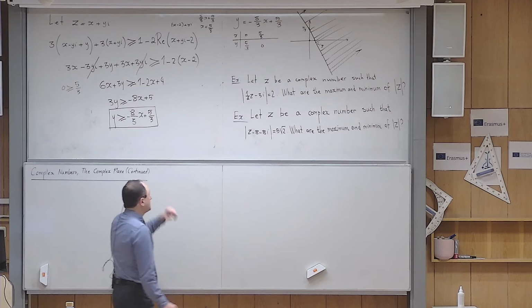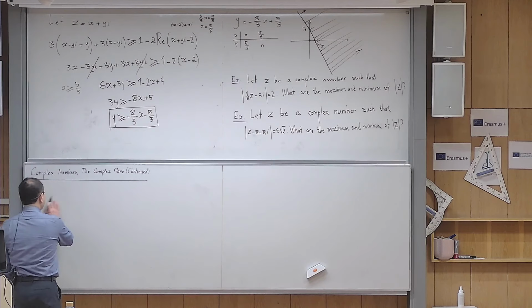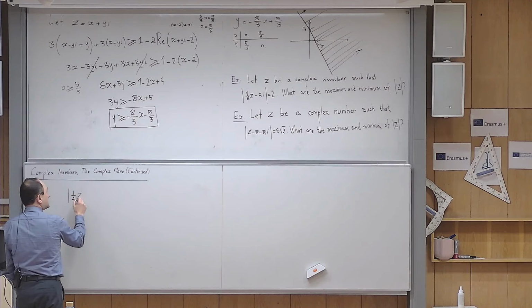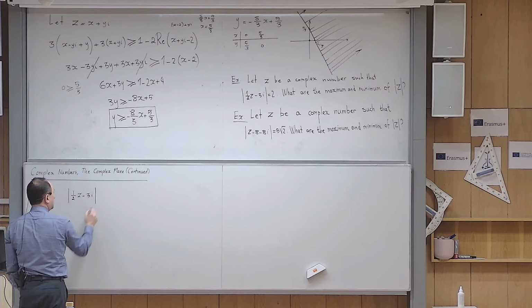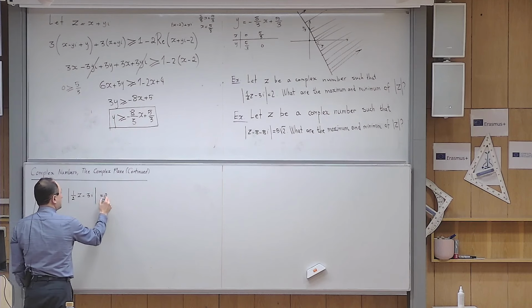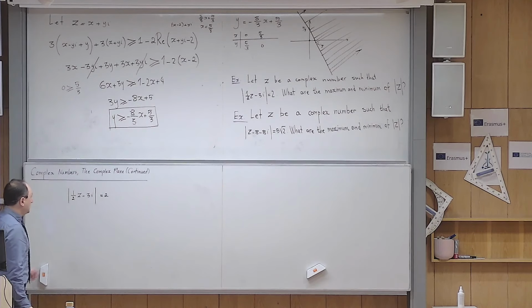So, first of all, you have to have experience about this. So in that example, |1/2 z - 3i| is equal to 2. Can I multiply everything by 2?